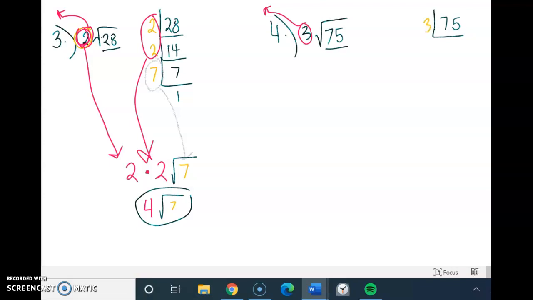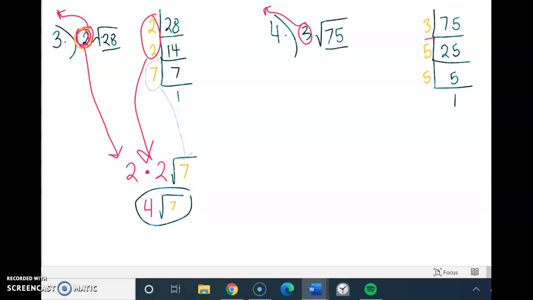So I'm going to use 3. So 75 divided by 3 would give me 25. Now the smallest number that goes into 25 would be 5. And I'm going to divide. 25 divided by 5 would give me 5. Smallest number that goes into 5 would be 5. 5 divided by 5 is 1.